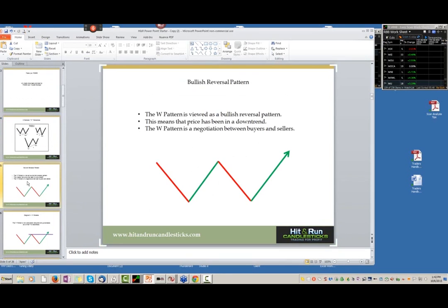There we go. The bullish W pattern is usually viewed as a bullish reversal pattern, and this means that price has been in a downtrend. Now, price being in a downtrend, this right here could simply be the downtrend. You don't have to have some big old downtrend like this.